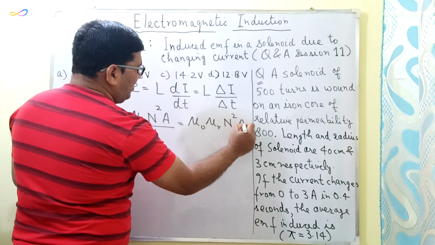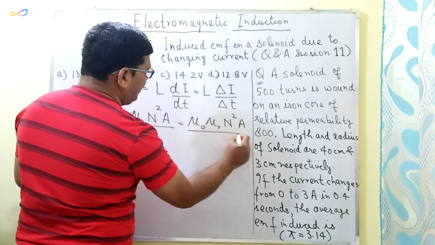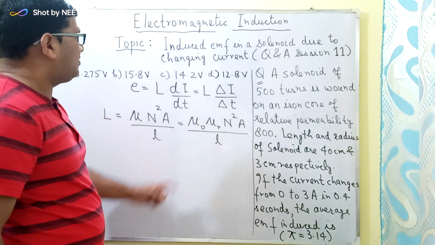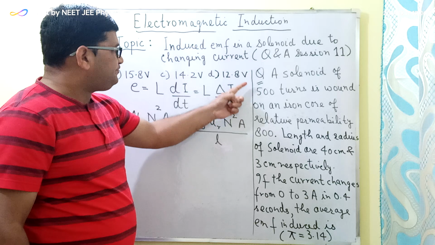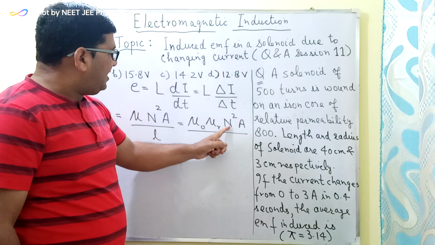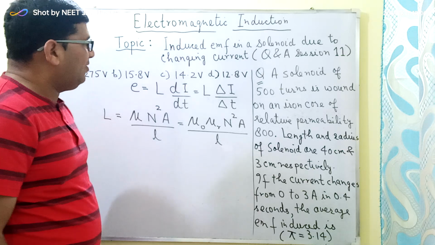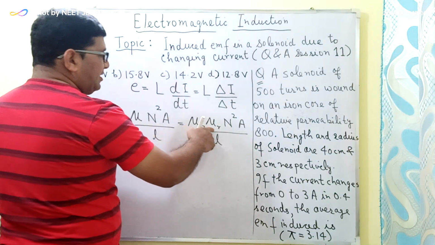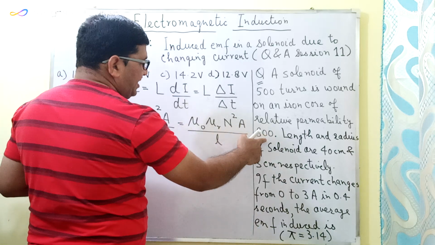A is the area of cross section of this solenoid, L is the length of it, and N, capital N, is the number of turns in the solenoid.